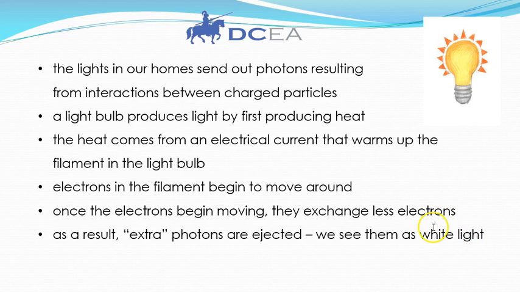So in previous modules we talked about the exchange of positive and negative charges. In this case we're talking about photons as those charges and being charged particles. And when photons are released, we can actually visualize them as white light.